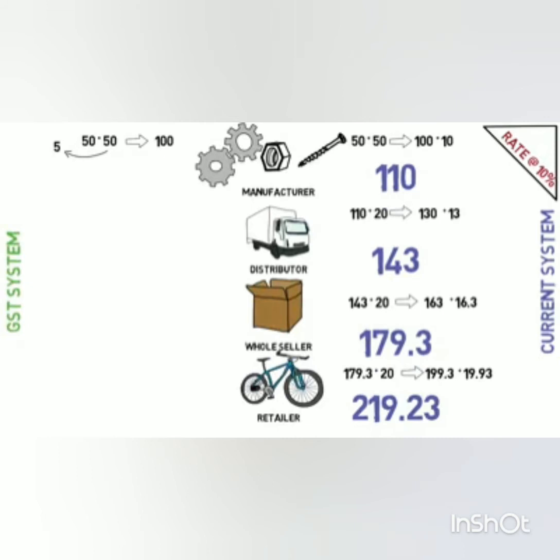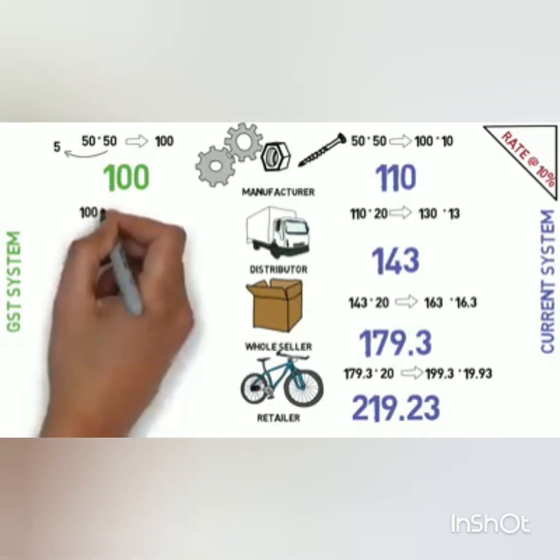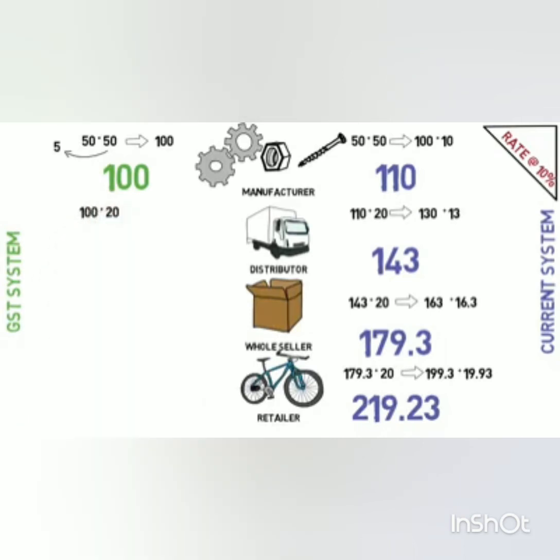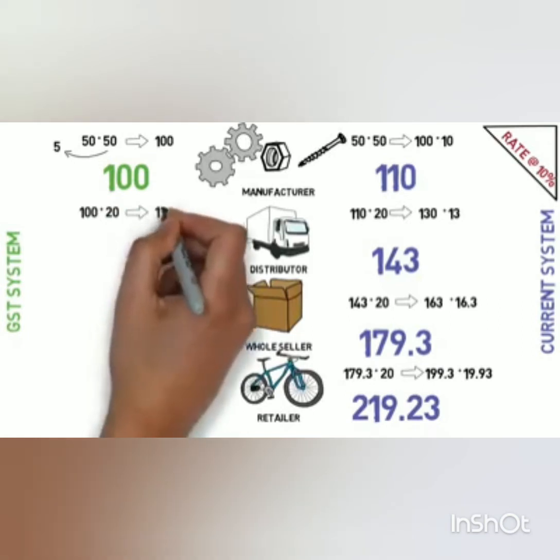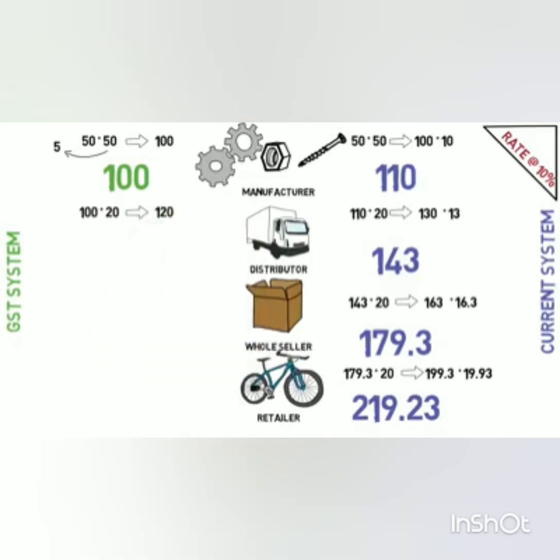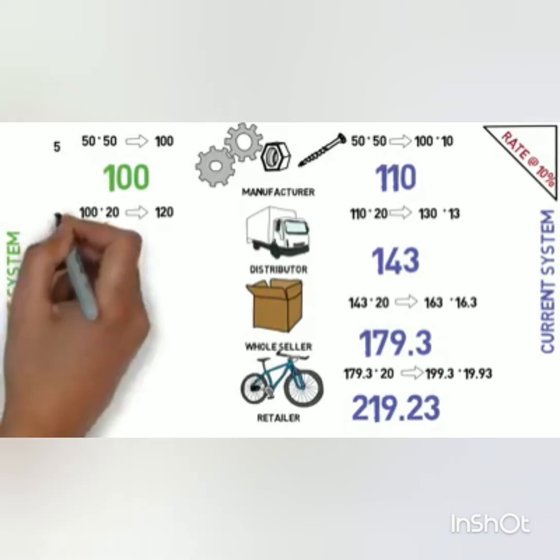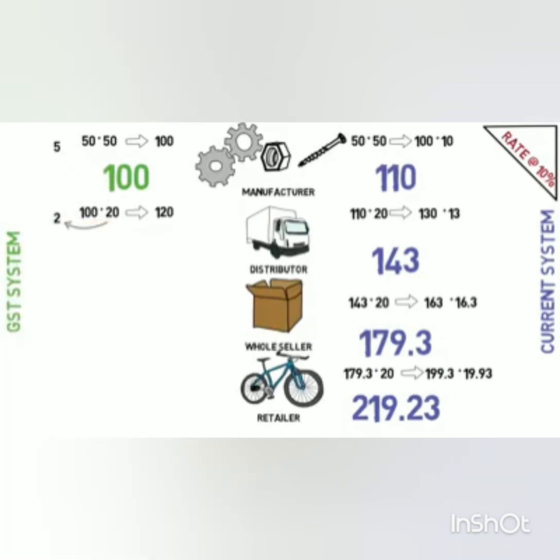But the selling price will not increase and the cost of the product for the distributor is 100 rupees only. Then the distributor adds 20 rupees profit and the product becomes 100 plus 20, which is 120 rupees. He pays a tax of 2 rupees on his profit of 20 rupees.